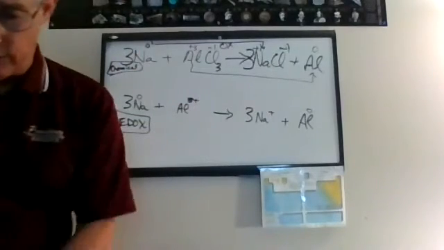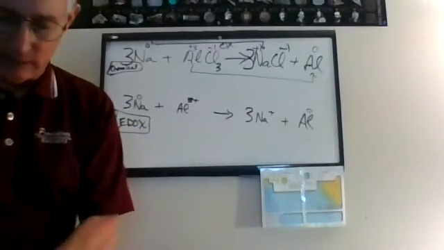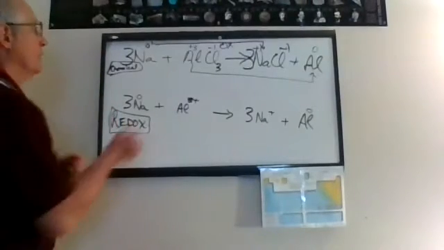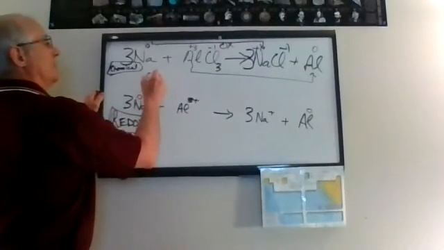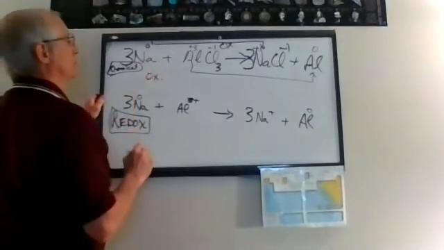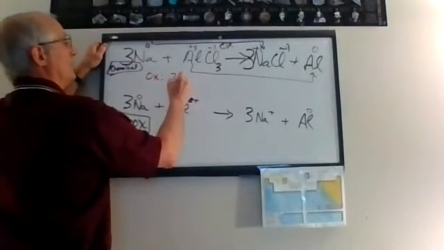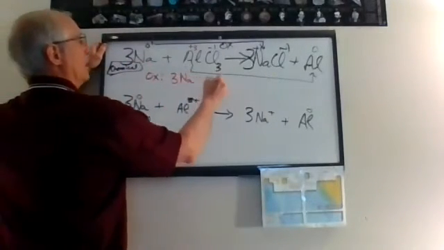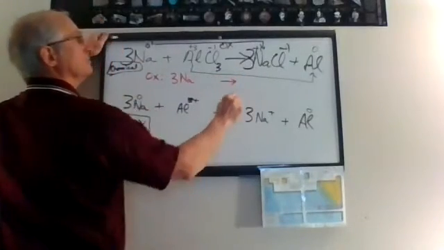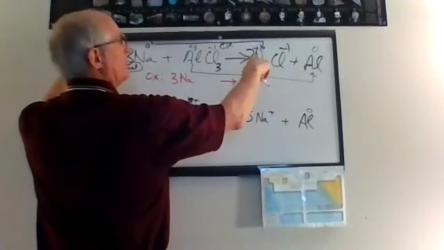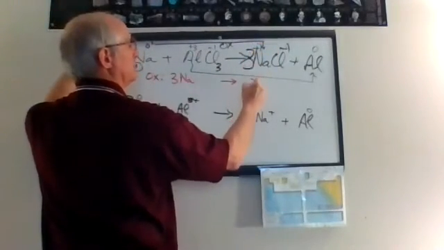I'm going to go a different color so you can see it. I'm going to go red. They do the oxidation half reaction, and they say that 3 sodium atoms are becoming 3 sodium ions.